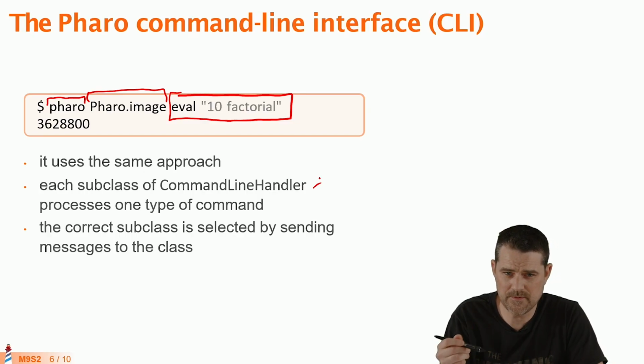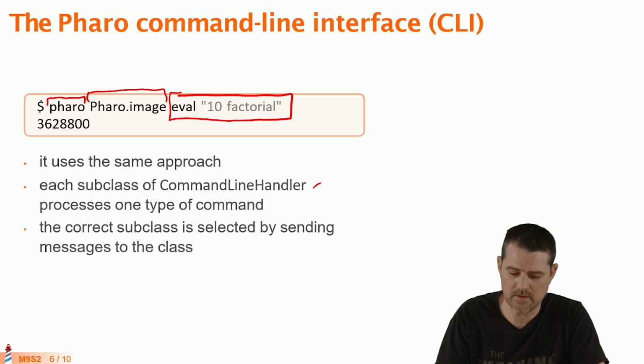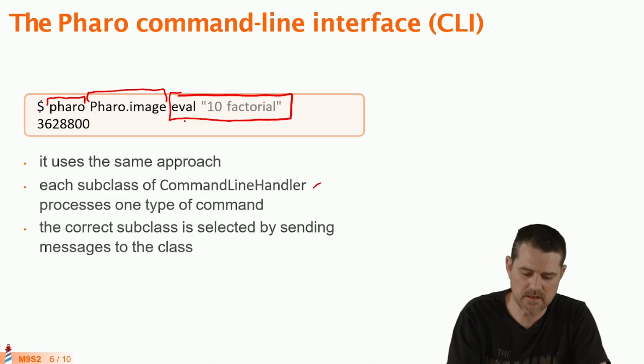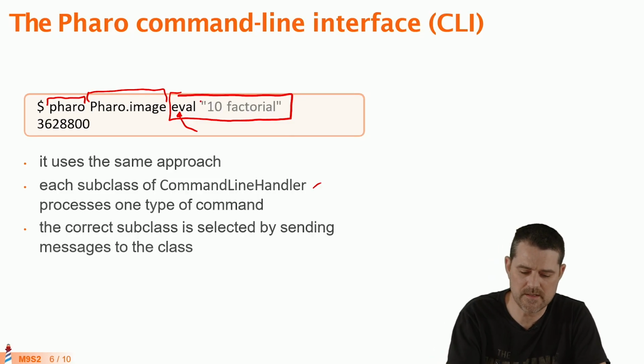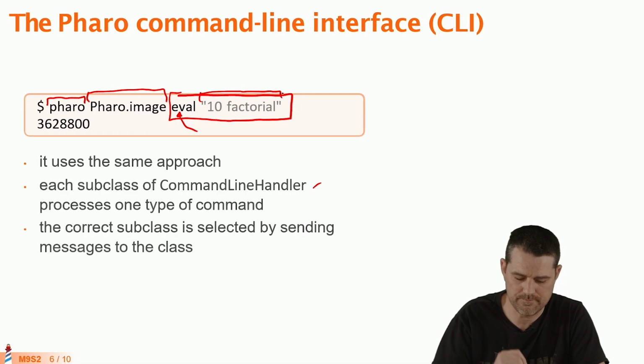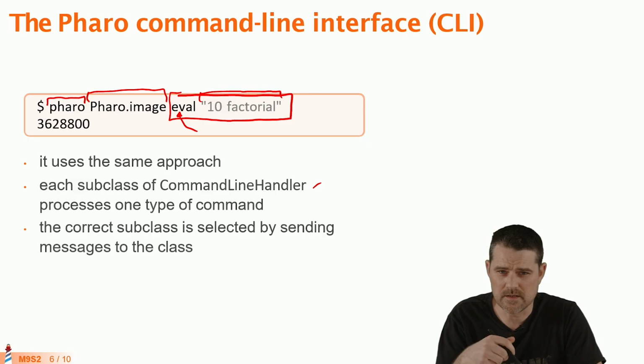We have specific classes in the system that can handle those commands, and we have a lot of different commands that are supported by the system. Here this is an eval command. This is a keyword that defines the kind of command that can evaluate the expression that is right after. So it means that each class or each application in the system can introduce its own command line handler. This is an extensible solution.